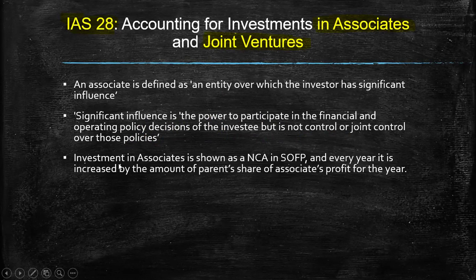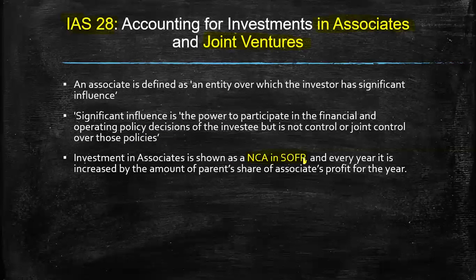Now, in this case, investment in associate is shown much like a simple investment. It is shown as a non-current asset because it is an investment in the statement of financial position. So the investor will show investment in associate as a non-current asset in the statement of financial position. And every year you will calculate your share, the parent's or investor's share, of the associate's profit for the year.